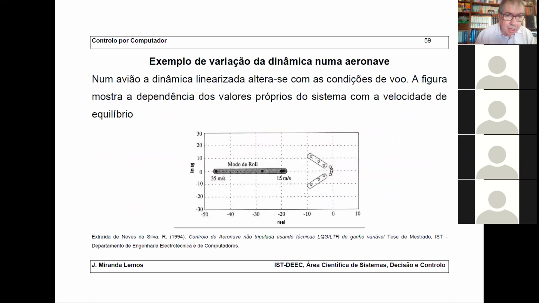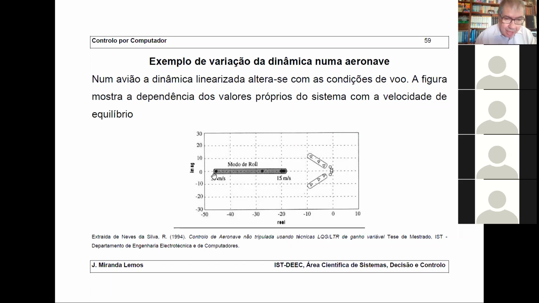Let me give you another example. This shows the linearized model of an aircraft, and depending on the velocity, this is the dynamics of the angle of attack.